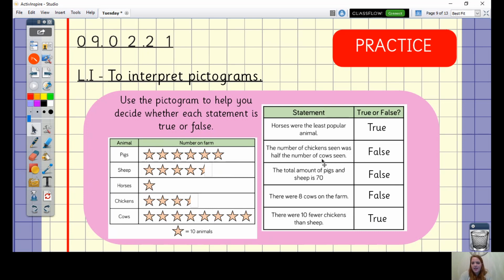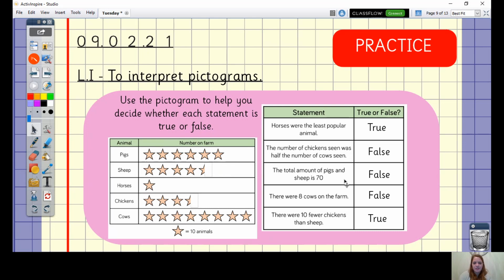And then I want to count the cows. 10, 20, 30, 40, 50, 60, 70, 80. And I know that half of 80 is 40. Okay, so that statement was false. Then my next statement, the total amount of pigs and sheep is 70.